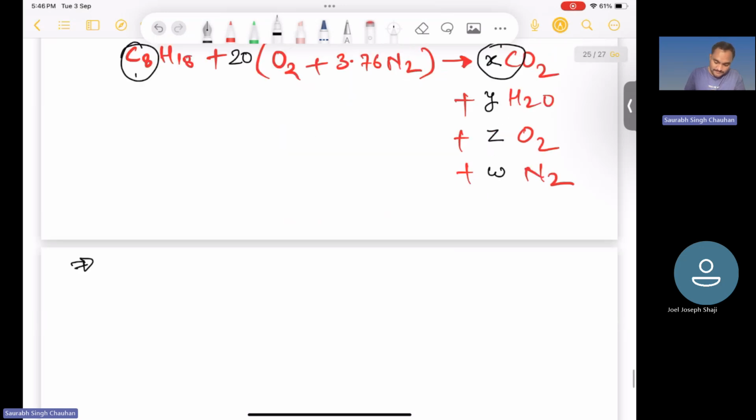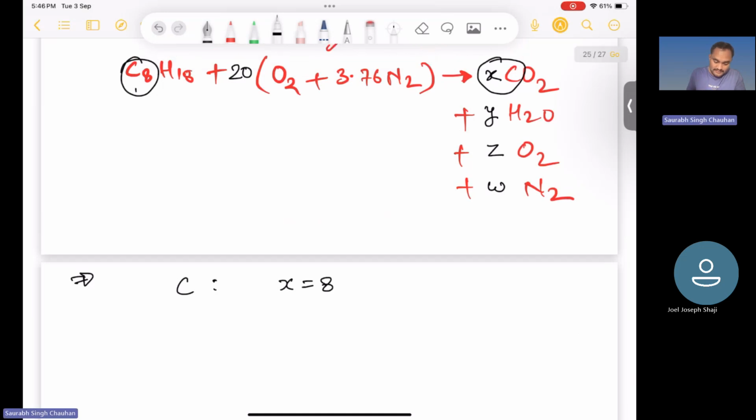So x should be 8. Then hydrogen: on the left side we have 18 hydrogen, on the right-hand side we have y into 2, 2y hydrogen. So y should be equal to 9. Correct.